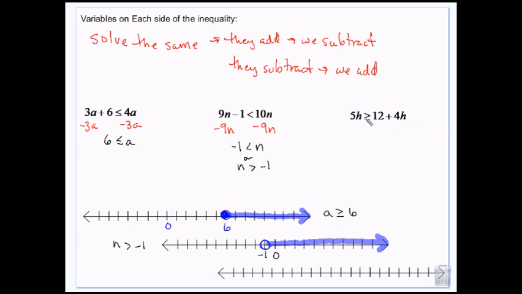5h is greater than or equal to 12 plus 4h, so I'm going to subtract 4h from both sides. And I get h is greater than or equal to 12. Open circle or closed circle? Can you explain the open circles and closed circles? Yeah, if you have greater than or less than, you're going to do an open circle. If you have equal to's, you do closed.